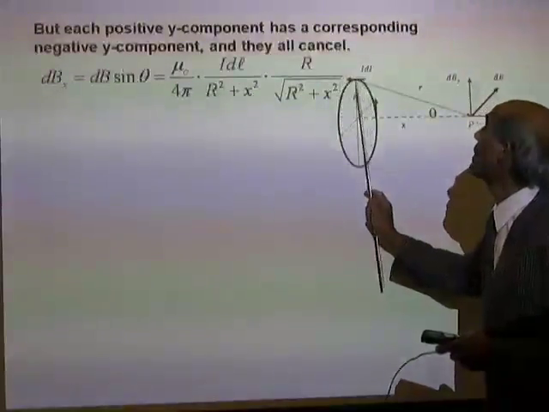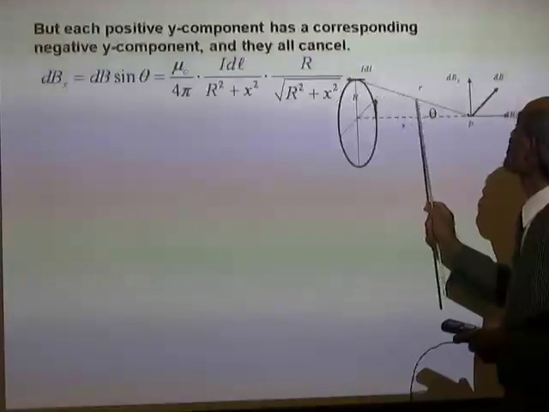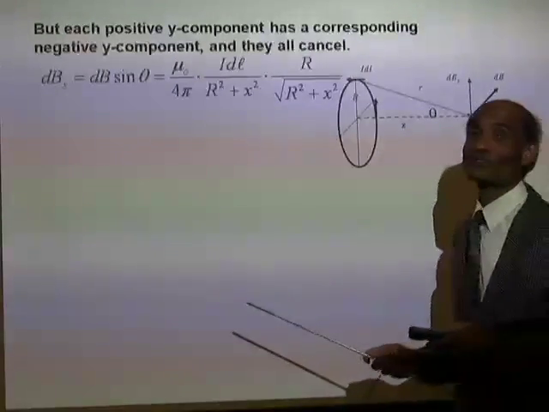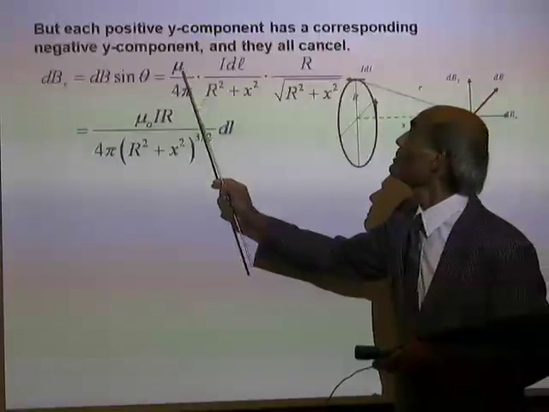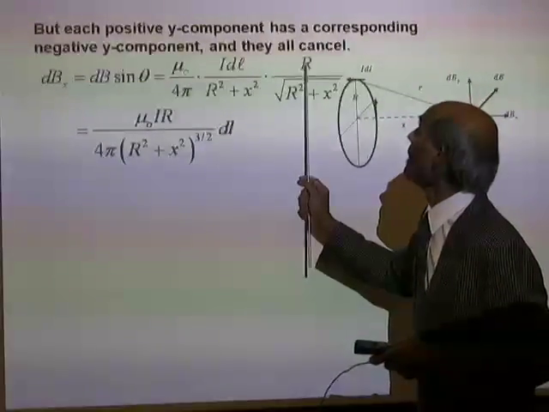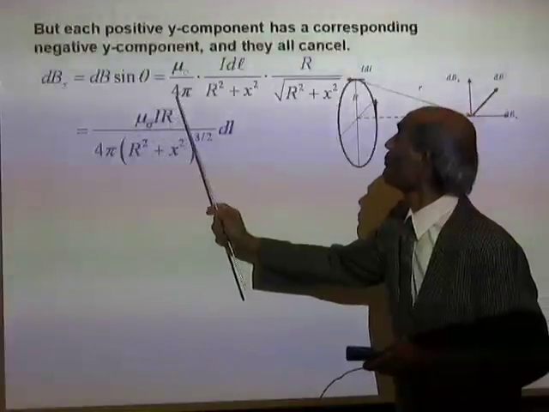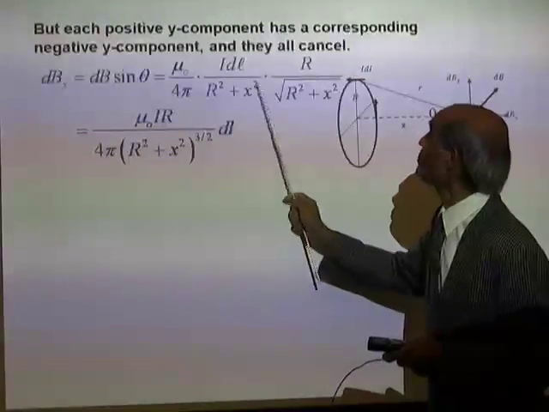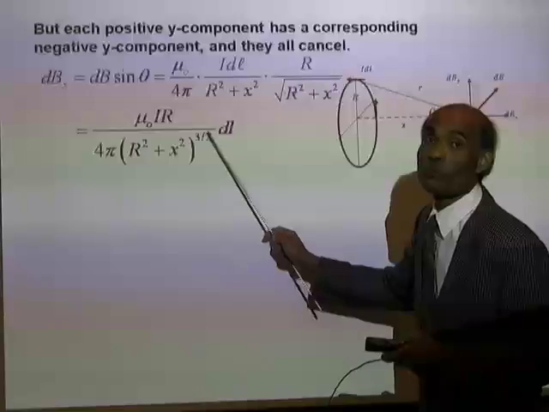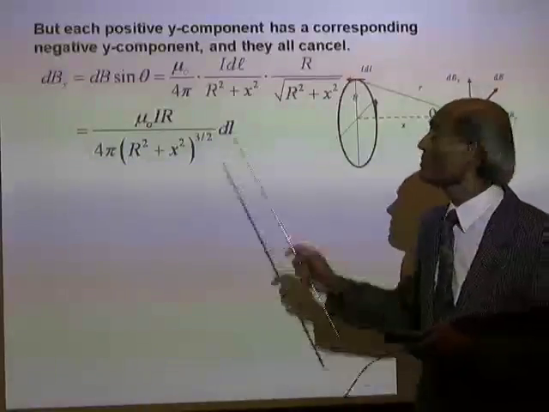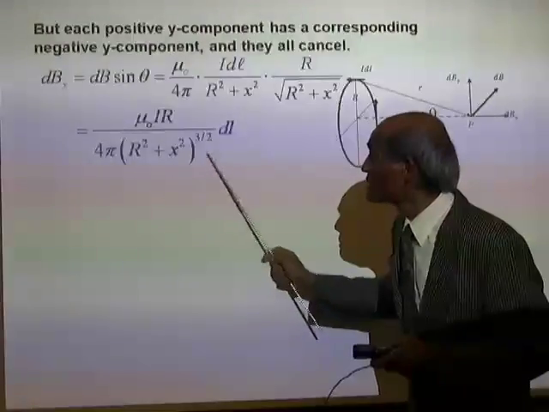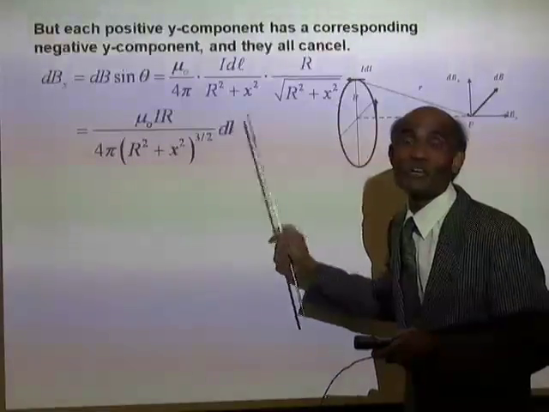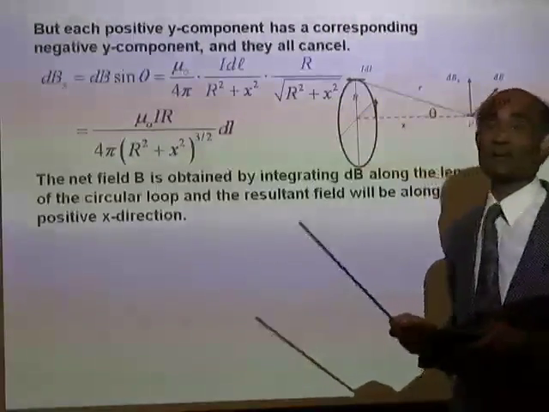Sine theta is r over square root of r squared plus x squared. Now combine all these, that will give you mu 0 I r divided by 4 pi times r squared plus x squared to the power of 3 over 2 times dl. All these quantities are constant, so we need only integrate for dl.